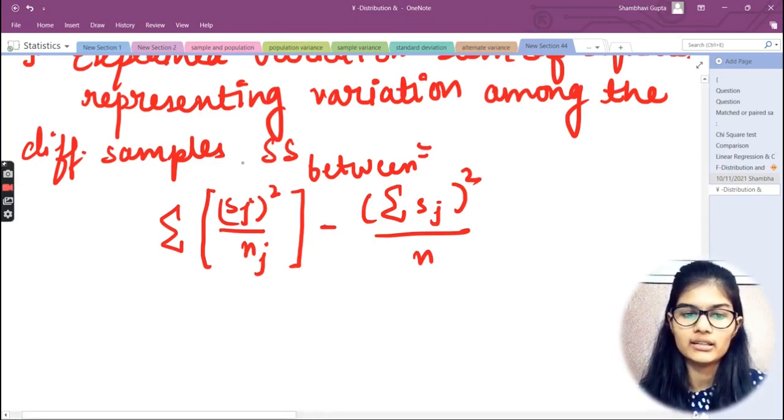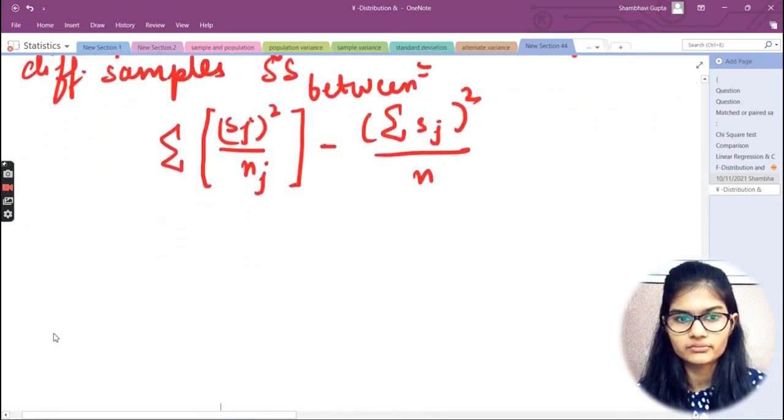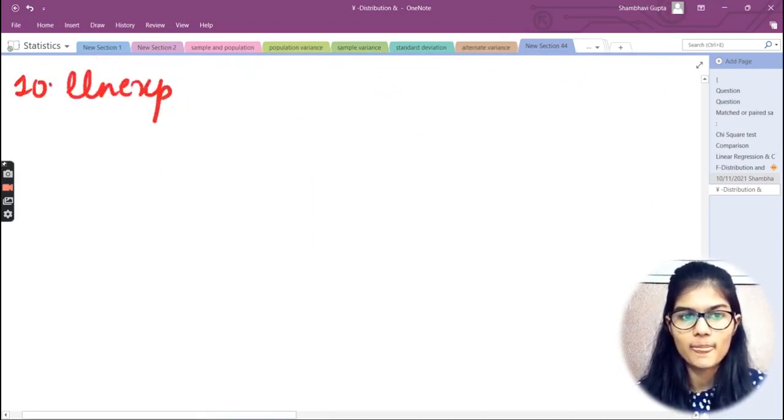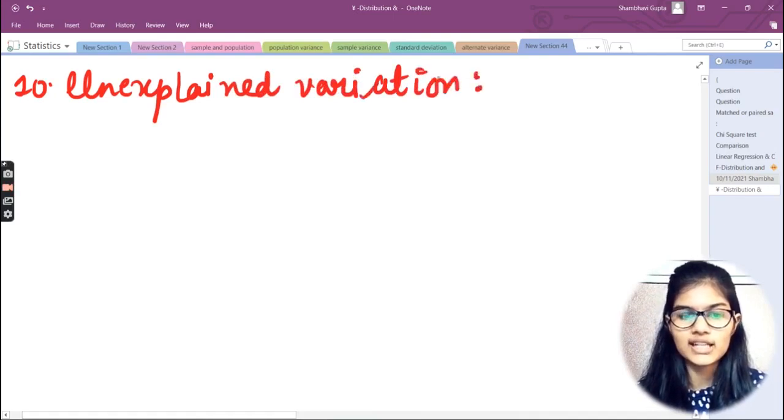Now the unexplained variation. The number which I had mentioned above was number 9, and now it goes to number 10 here, that's the unexplained variation. What is that actually?